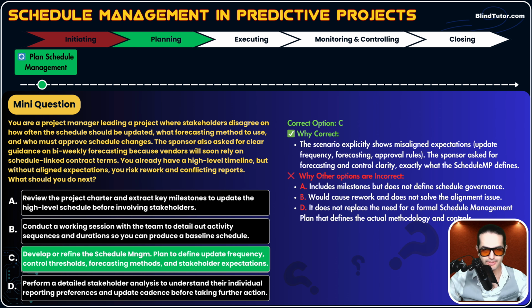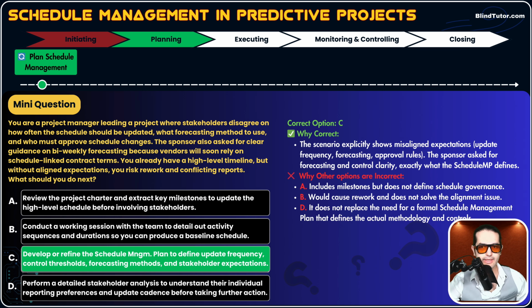Misalignment. Nobody knows. Okay, you need a document to align everybody, and that document is a schedule management plan. The sponsor asked for forecasting and control clarity, exactly what the schedule management plan defines. Before producing or refining the schedule itself, you need the methodology and rules agreed upon.